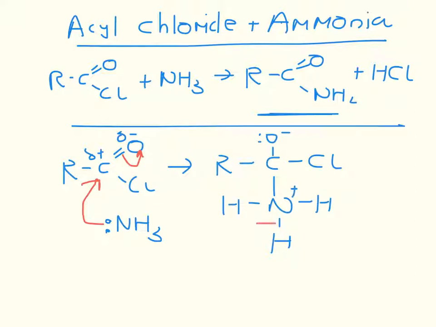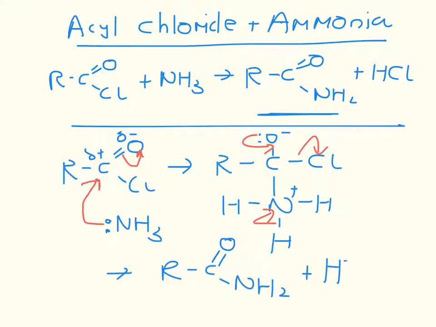So now a nitrogen needs to go, that double bond comes down, the lone pair comes down from the double bond, and the chloride leaves to give you your product, which is going to be your amide, like so, plus H plus Cl minus.